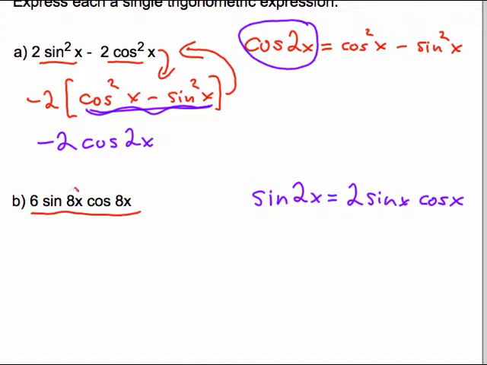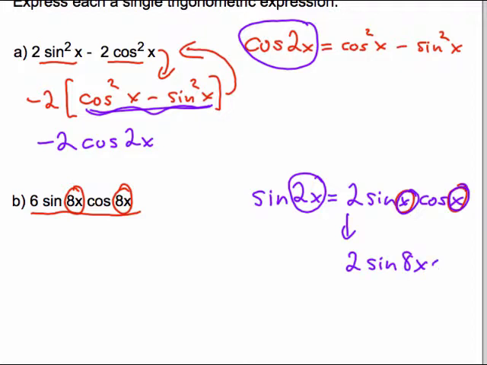I'll notice that in this position I have an angle of 8x, whereas I have an angle of x right here. Well, I can change that because I know that the connection between this angle and this angle is double. So if I write my expression as sine 8x cosine 8x, what that's going to change is the double angle. It's going to be double 8x, so this is going to be 16x.